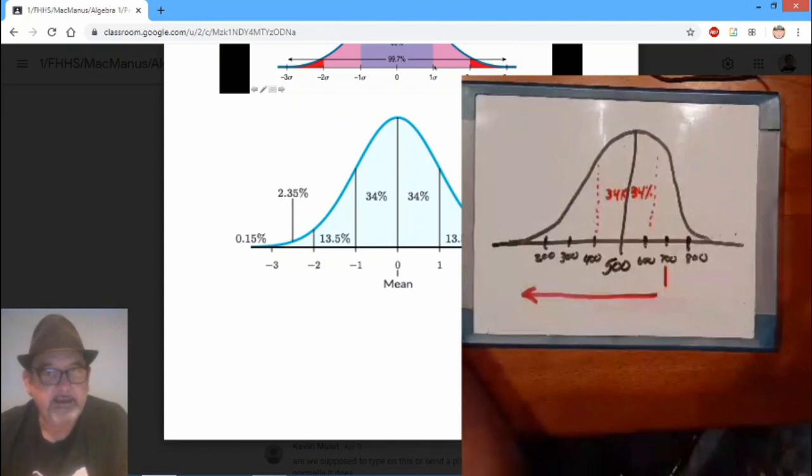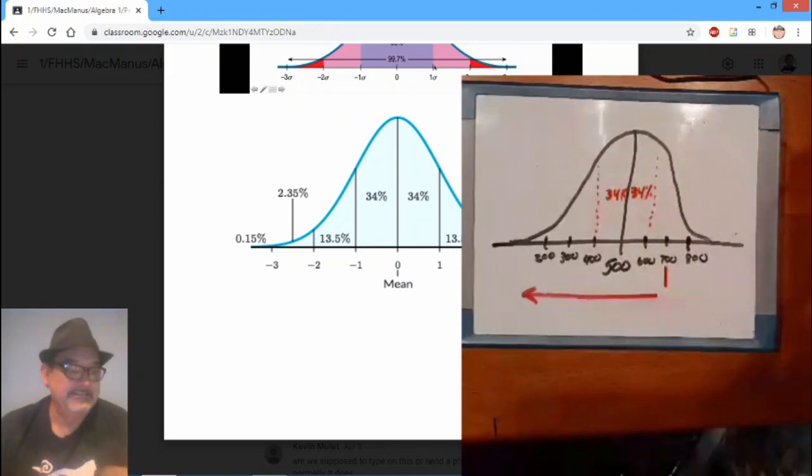So let's add it up. 13.5% plus 68% in the middle, plus another 13.5%, plus 2.35 and 2.35 and 0.15. That's 97.5%.